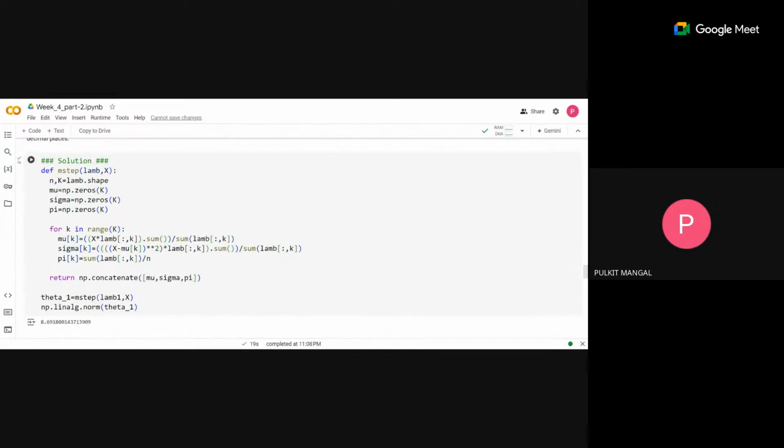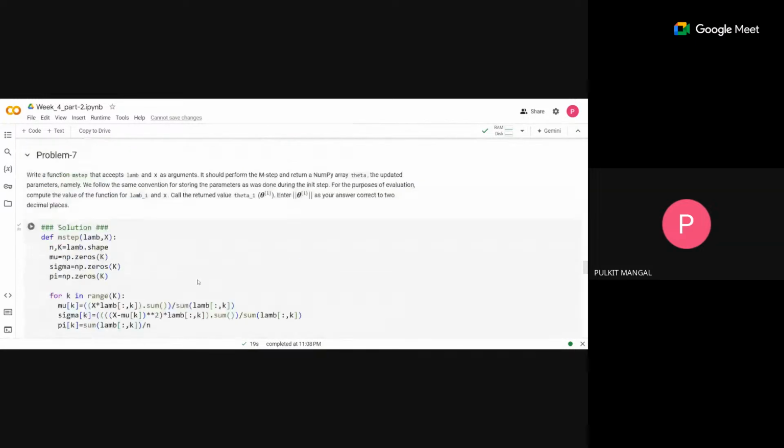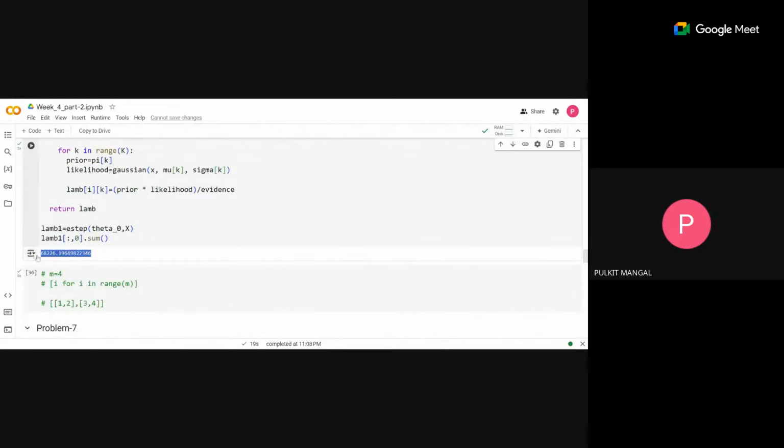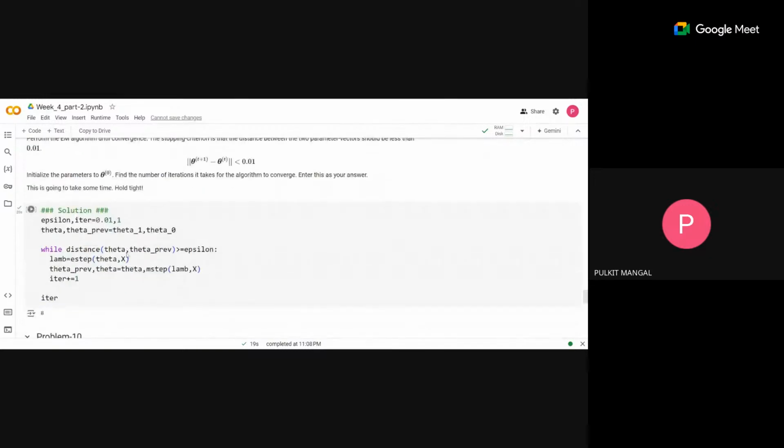Okay, we got the right answer till here, and this E step is also working. While this distance is greater than epsilon, 0.01. Okay, it is also correct.